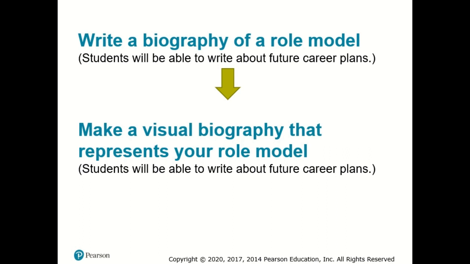I changed this by incorporating the component of creative and divergent thinking, by having them make a visual biography that represents their role model. So it still achieves the same objective, which is that students will be able to write about future career plans, but I added some components where students can exercise their divergent thinking and creativity.